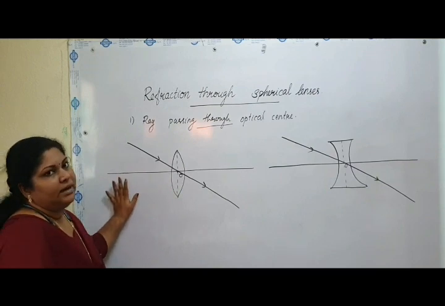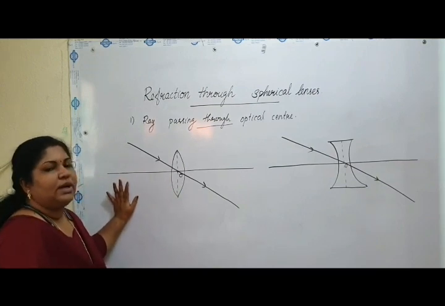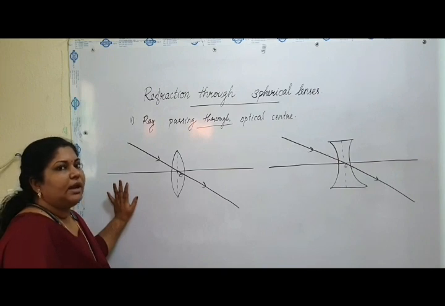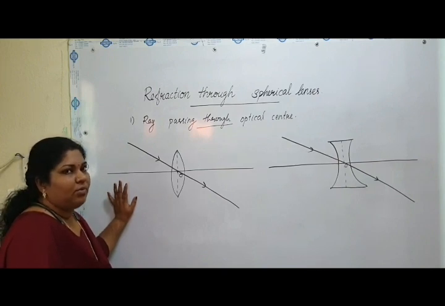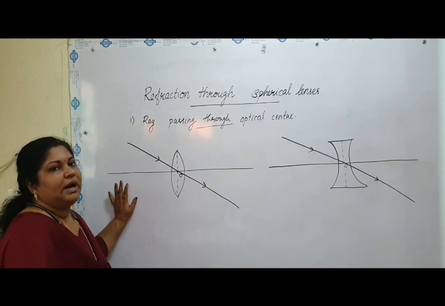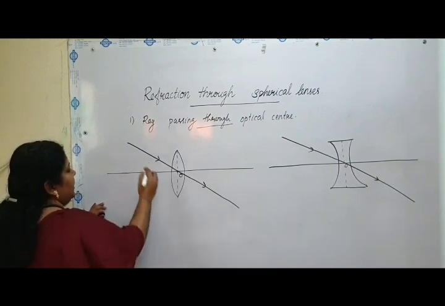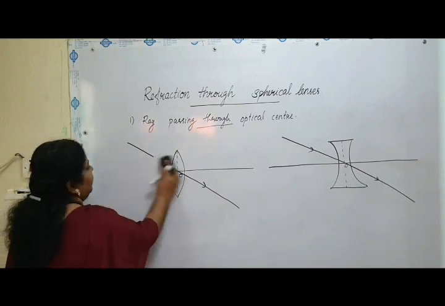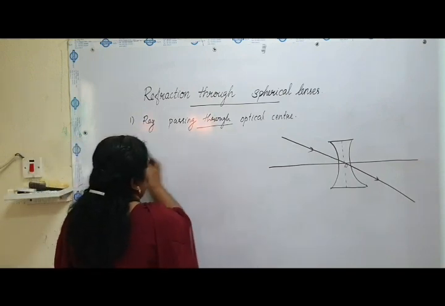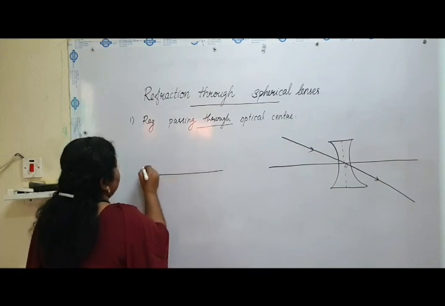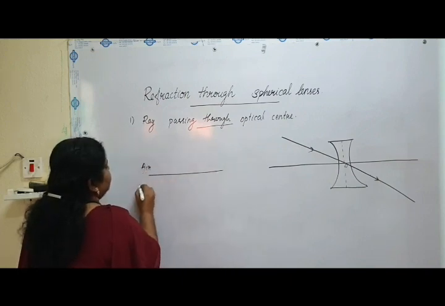It will go undeviated. Why is it going undeviated? Because whenever a ray is passing along the normal, that ray will not have any deviation. For example, if you are taking a surface separation, we are drawing. This is air, this is water.